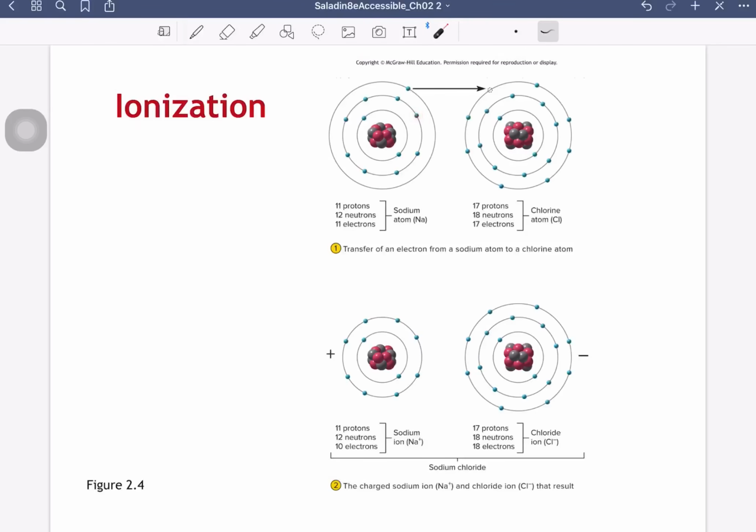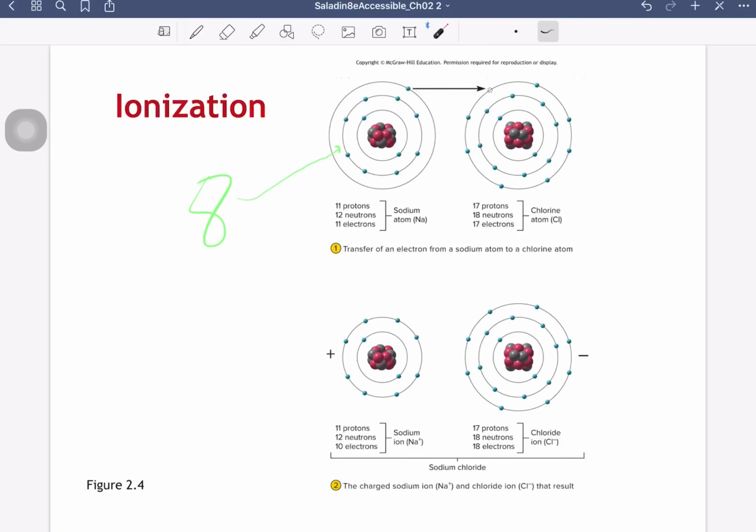So we have 1, 2, 3, 4, 5, 6, 7, 8. So the next one can hold up to 8 electrons. Now, if there's any other extra electrons, then they go into the outer shell. The outer shell is created, and here it is, right there.